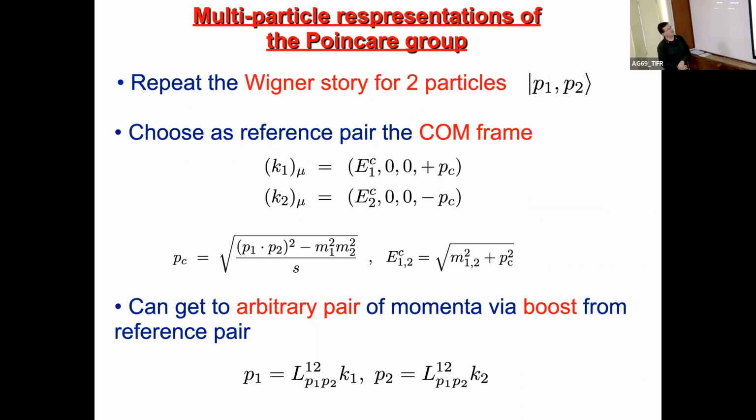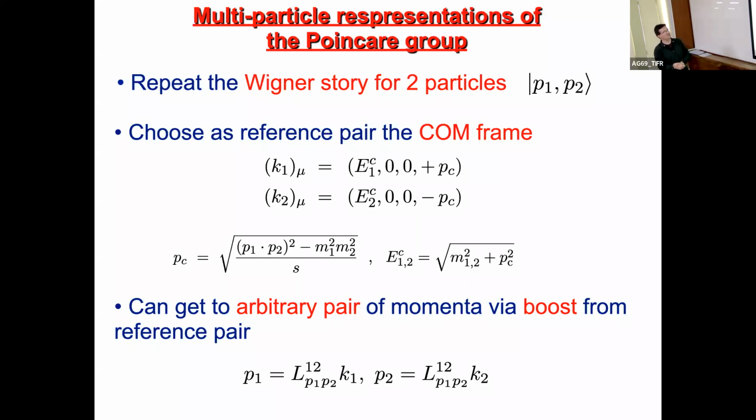So you know what Zwanziger did, and what I'm showing you is that you can go ahead and repeat the whole story of Wigner for two particles, and for simplicity, I'm just going to pick two particles without spins. So I'm assuming that their initial little groups are trivial. That's the representation that I choose for their own little groups.